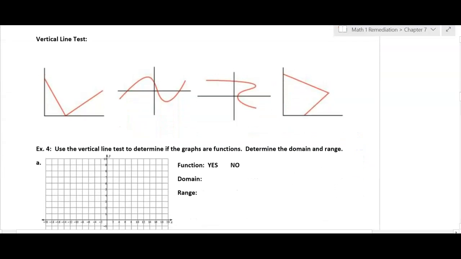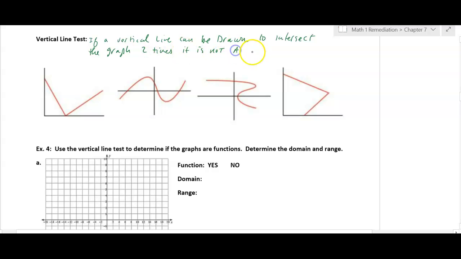Now, to determine if a graph is a function or not, what we use is what we call the vertical line test. And the vertical line test is if a vertical line can be drawn to intersect the graph 2 times, it is not a function.